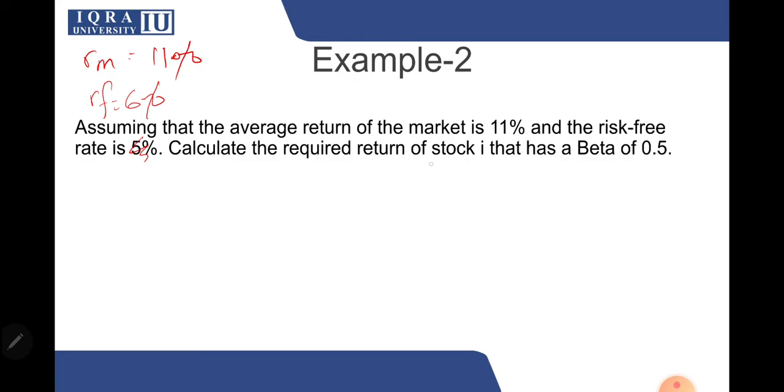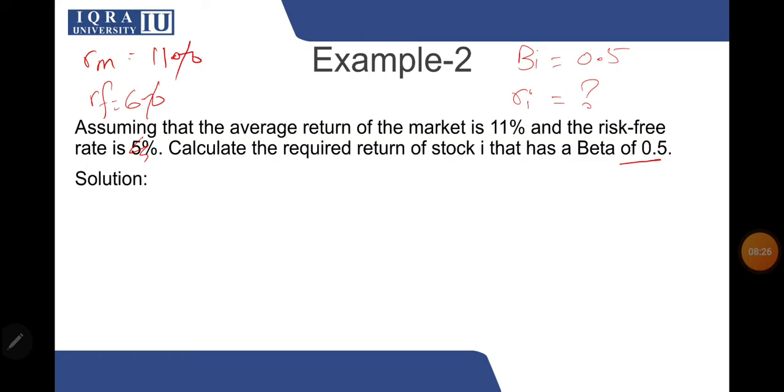Calculate the required rate of return for stock I that has a beta of 0.5. So this stock has a beta of 0.5, and you need to calculate what is the required rate of return in that case.